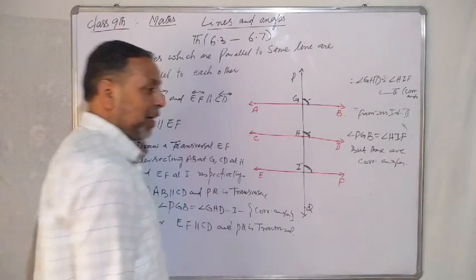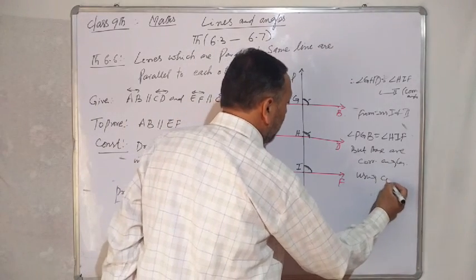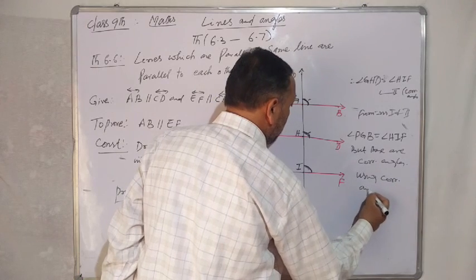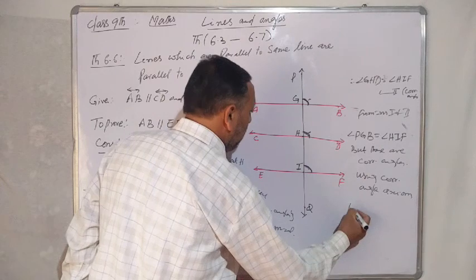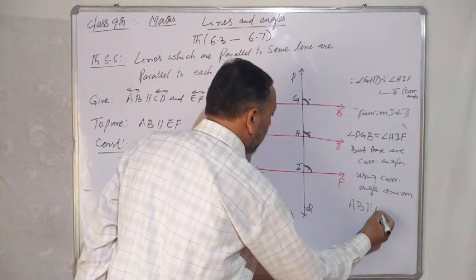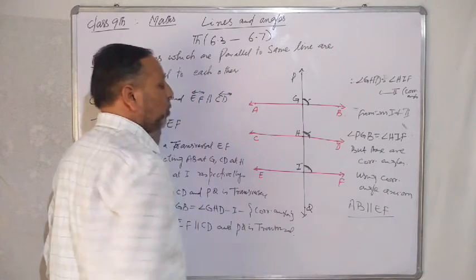When corresponding angles are equal, lines are parallel. Using the corresponding angle axiom, we have AB is parallel to EF. So two lines which are parallel to the same line are parallel to each other.